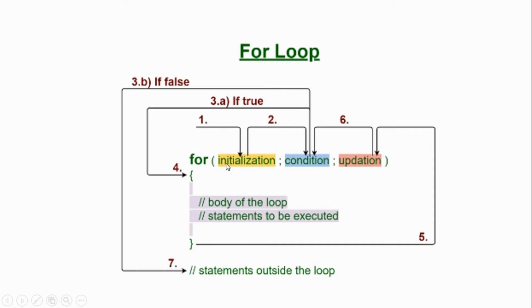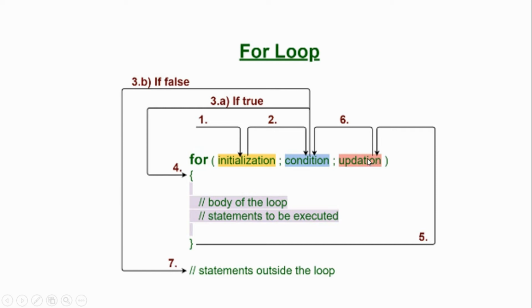So let's try to understand how exactly the code is going to work at this point. The very first thing it does is the initialization of the variable. Then it checks the condition. If the condition is true, it goes to the body of your for loop and executes that code, and then it comes back to do the updation.